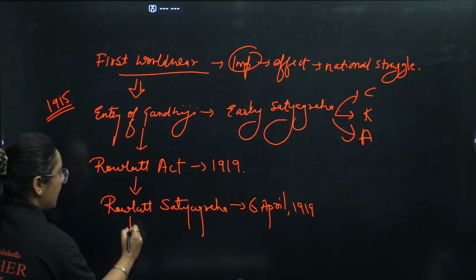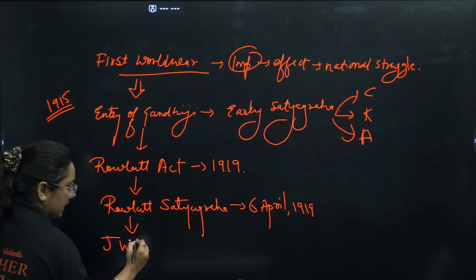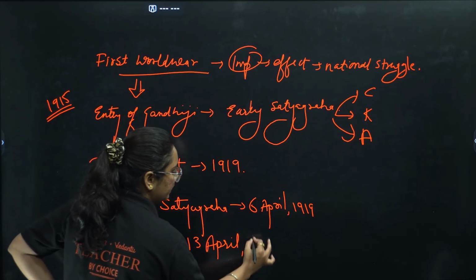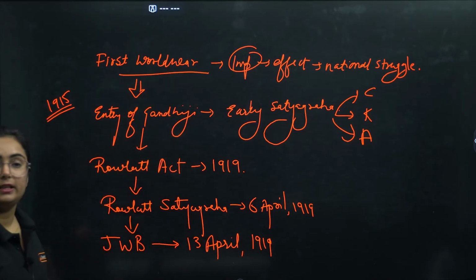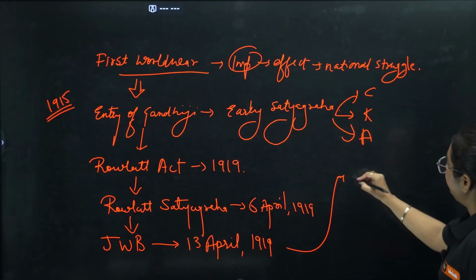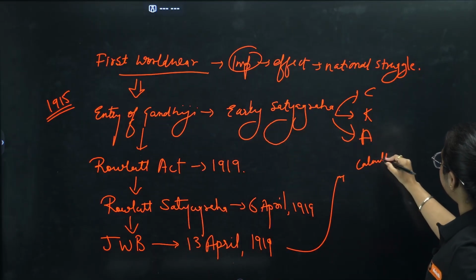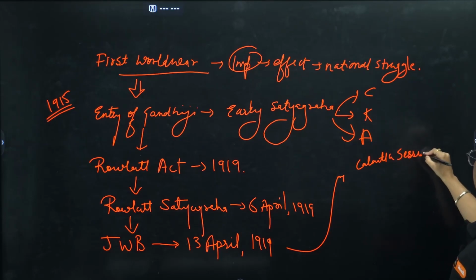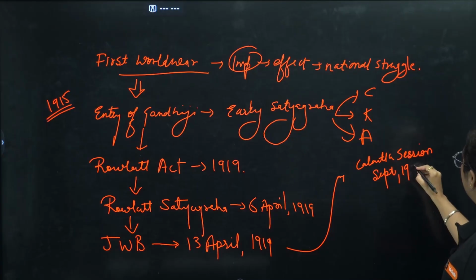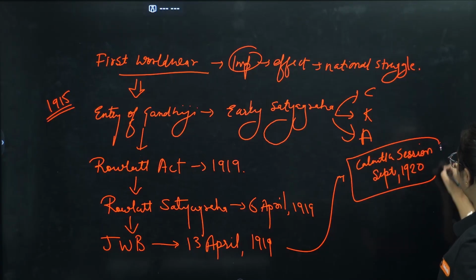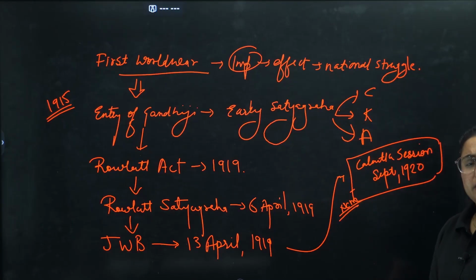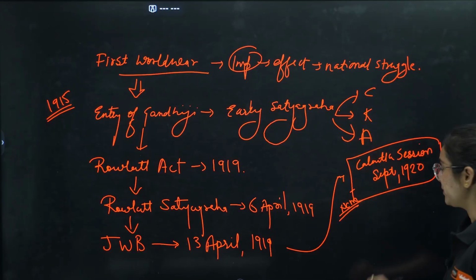Moving further, after this Rowlatt Satyagraha, we have seen the Jallianwala Bagh massacre, 13th of April, the day of Baisakhi in the year 1919. We know the response of Britishers after this act, and then we have seen the Calcutta session in September 1920, where the non-cooperation movement was adopted, or what we can say, everyone was convinced to start the non-cooperation movement.